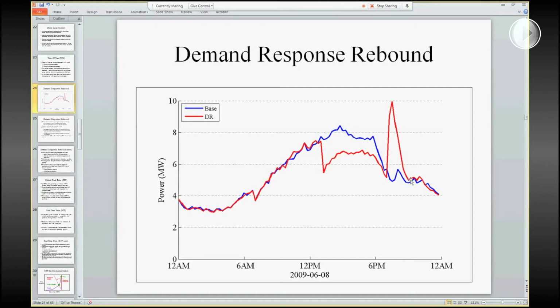I'm going to turn my air conditioner back on." So you get a giant spike as everyone tries to cool their house back down in the evening. This doesn't exist in all locations, but it can be fairly common, especially in areas where there's high moisture content and it takes a long time in the evenings for things to cool down.